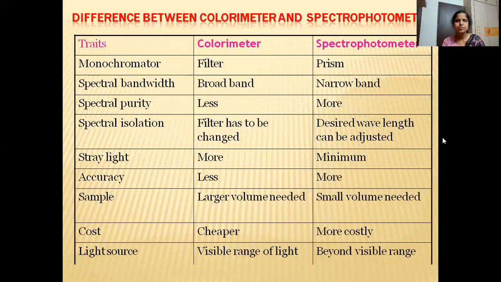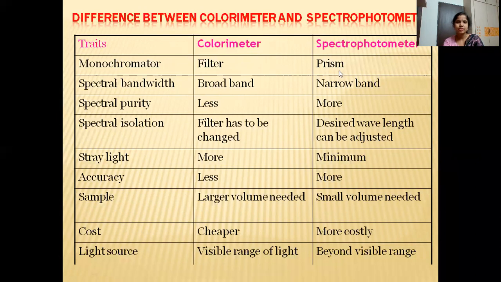Now, what are the differences between colorimeter and spectrophotometer? We have seen the instrumentation of both techniques. By looking at this chart, you can say that for monochromators, in the colorimeter we use filters, whereas in the spectrophotometer we use prisms, because prisms have a very small spectral bandwidth, 5 to 10 nanometers.